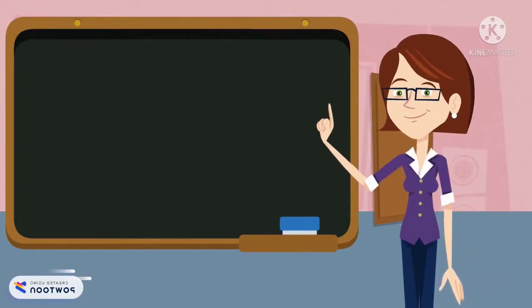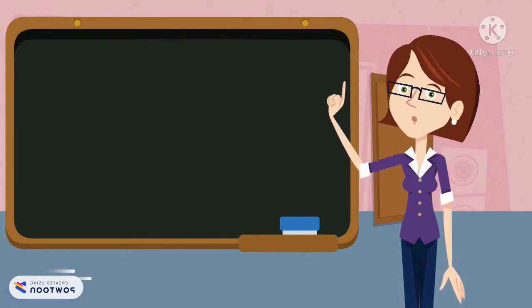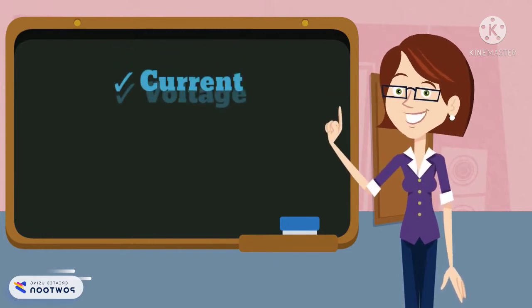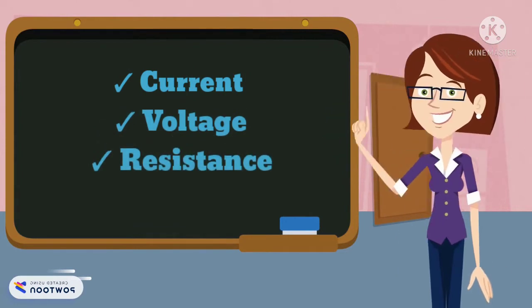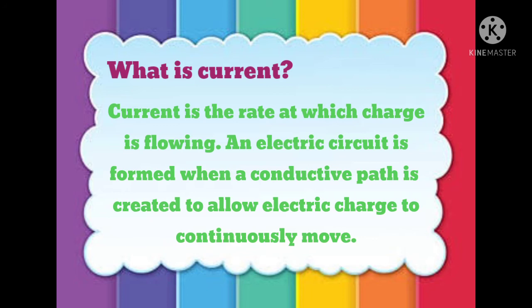So now, let us define the different elements in Ohm's law, such as the current, the voltage, and the resistance. Let us define first what is current. Current is the rate at which charge is flowing.